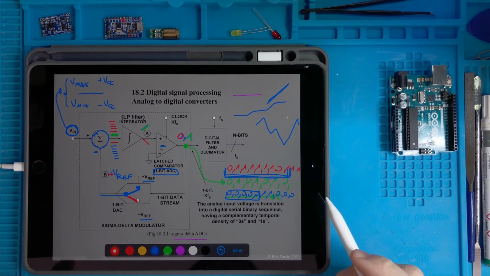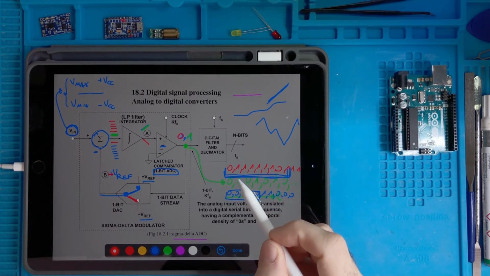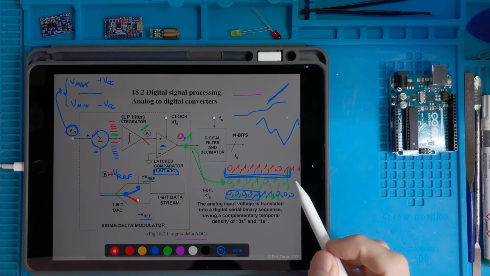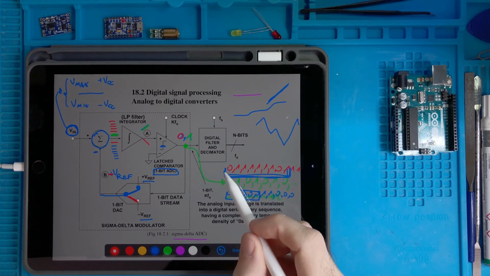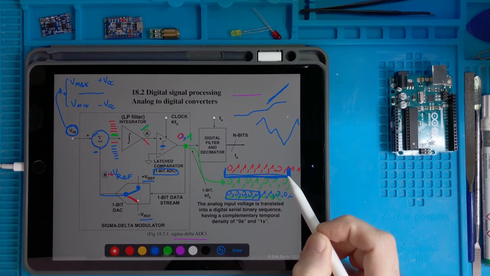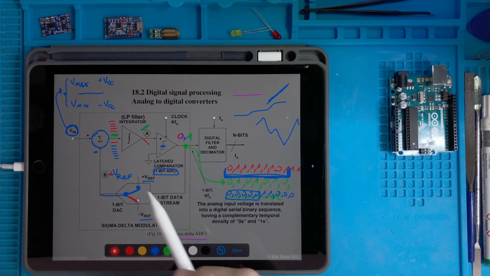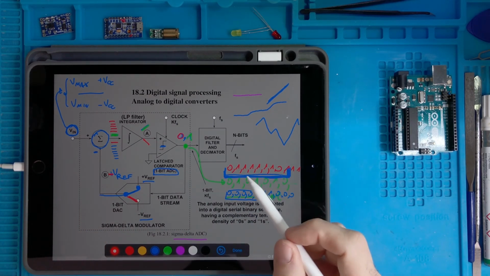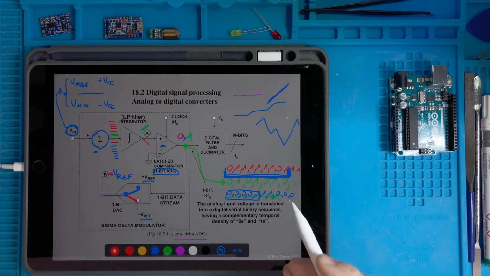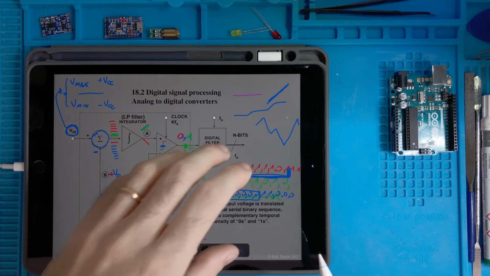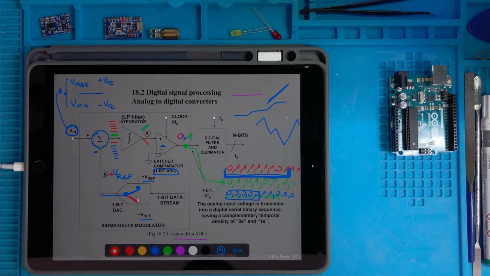And the time is a compromise between the resolution we want in the amplitude and of course also how fast the signal is. So we can't wait so long to have this signal decoded from the serial sequence, but we can try to find some compromise.